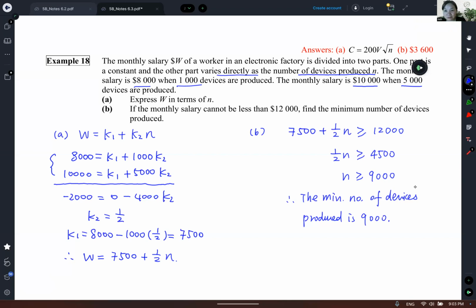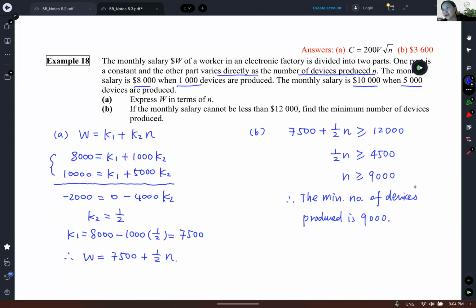Let me repeat. I sincerely hope that you use inequality. I hope that if you use the equation, the marks won't be deducted, but I cannot guarantee unless you explain perfectly. You have to say something to make sure this is the minimum when you use an equation.